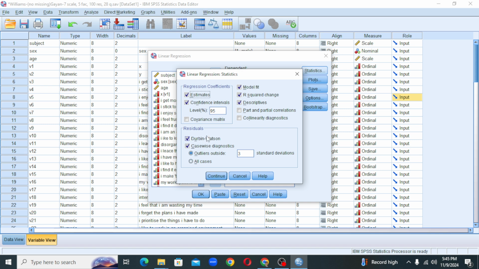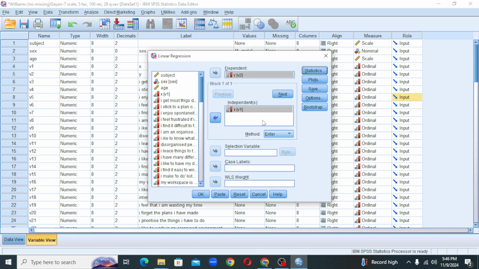In order to check those assumptions, first we will be looking at serial correlation and select Durbin-Watson. Thereafter, select casewise diagnostics and outliers outside 3 standard deviations, since if there are outliers, they are usually beyond 3 standard deviations, so we will be selecting 3.